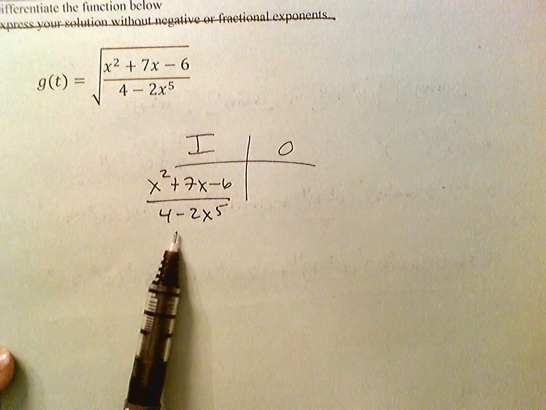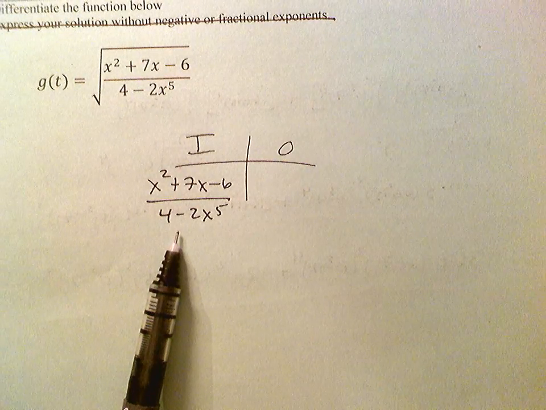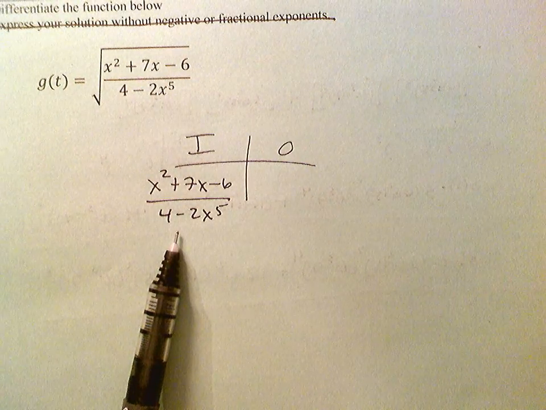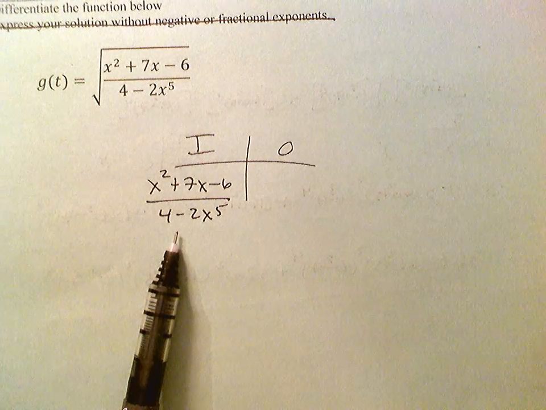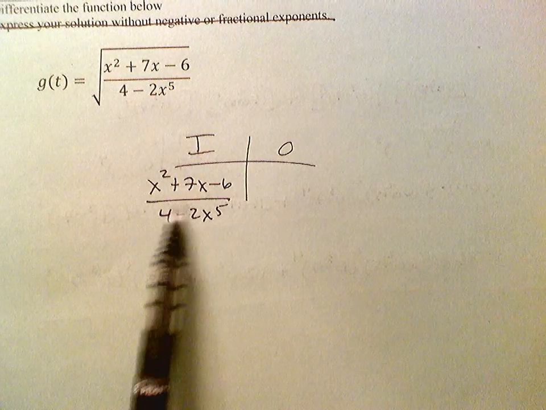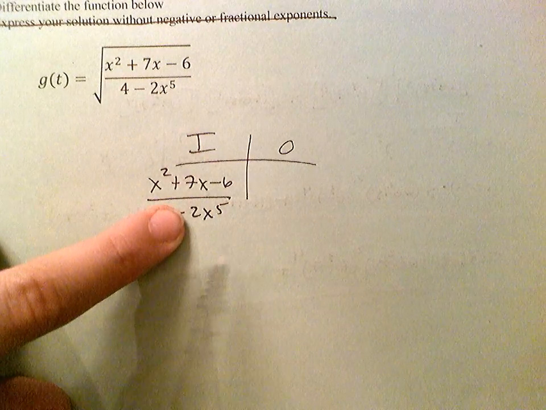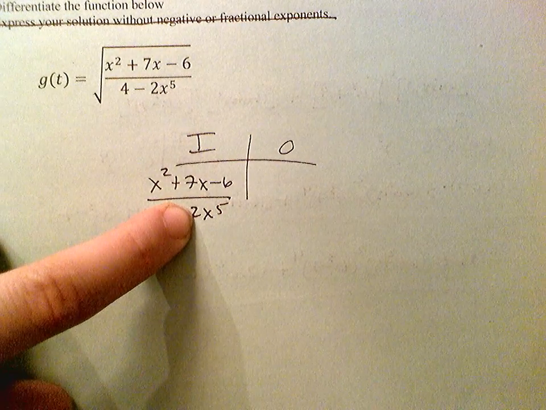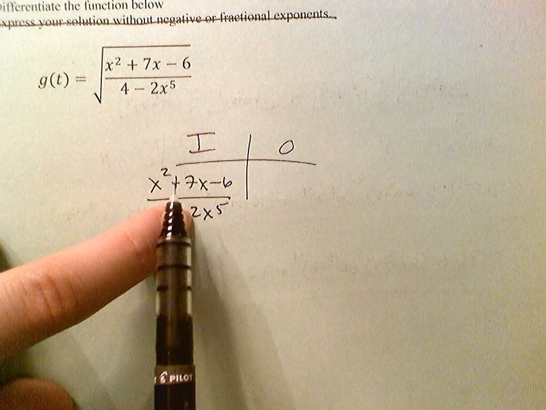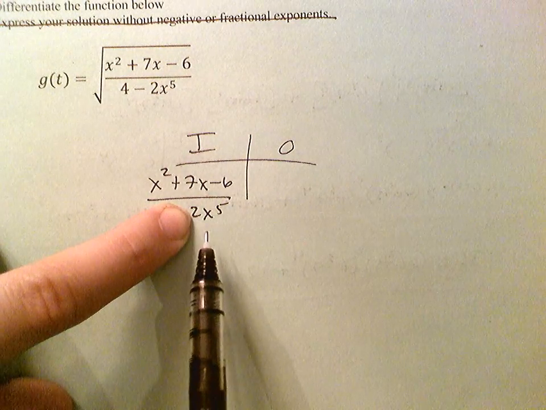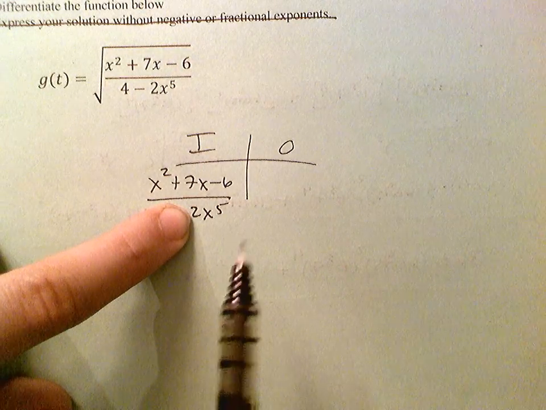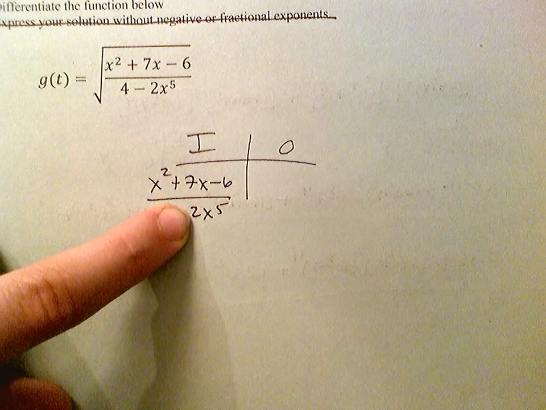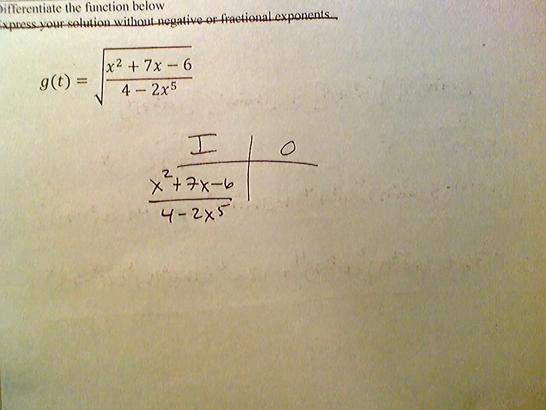Now here, I'm going to be taking the derivative of this. There's no way around the quotient rule. We've done some exercises where I asked you to stop and think, do you really need the quotient rule? And if this was a monomial, like if this was just 2x to the fifth, the answer would be no, because you could split this up, x to the second over that, plus 7x over that, minus 6 over that, and then convert so you could use the power rule.